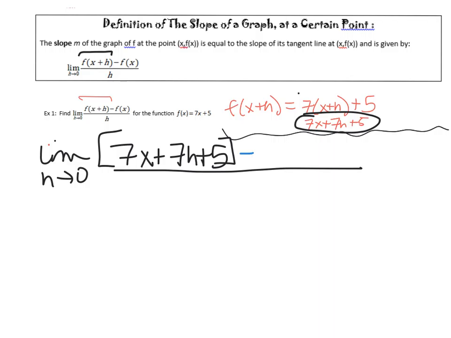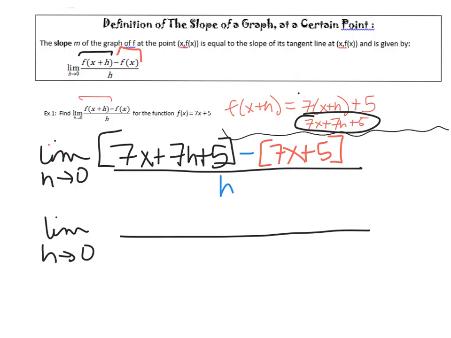Minus my f of x, which means you're just subtracting off the function itself. You have to be careful when you're doing all of this to keep everything straight. So my limit as h approaches 0, and you need to write this limit every single time until you actually physically substitute in 0 once we get it simplified. Because I can't substitute 0 now because I'll get undefined. I have to clean this up before I can do that.